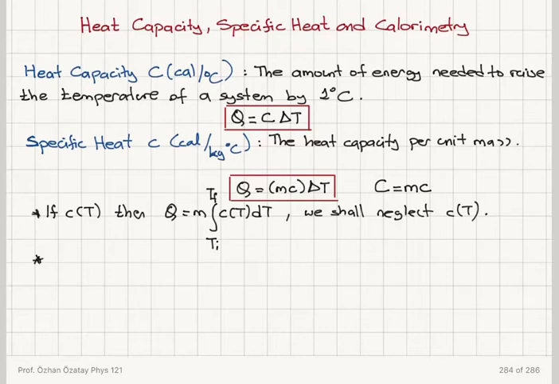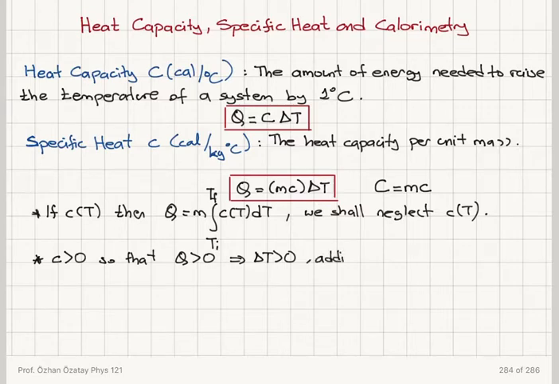Another important point here is that the specific heat or heat capacity C is a positive number, so that when I have Q, heat absorbed by the system, greater than 0, it implies delta T will be greater than 0. What does that mean?